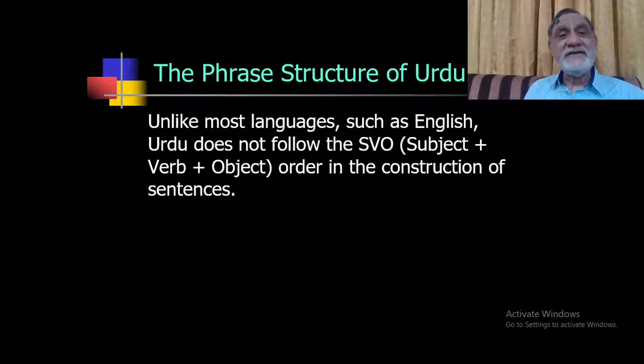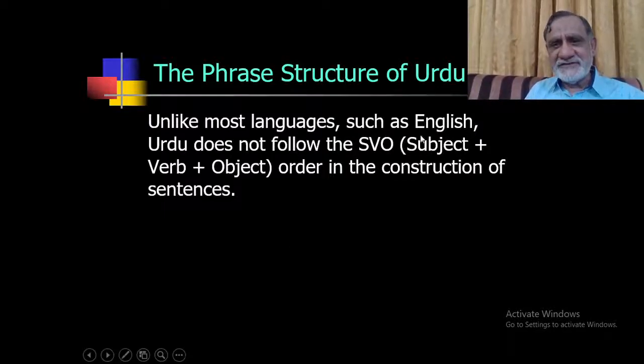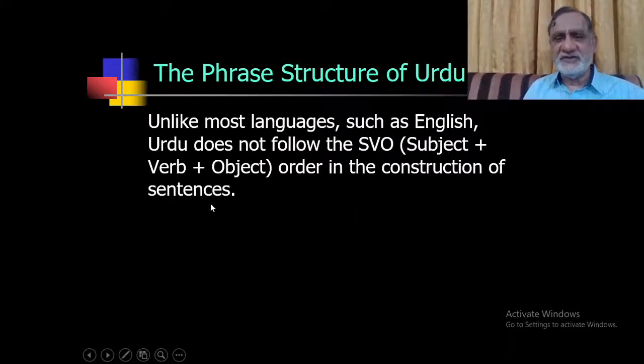Now let's see the phrase structure of the Urdu language. As I mentioned, unlike languages such as English, Urdu does not follow SVO order in the construction of sentences. I just demonstrated that the English language follows SVO structure, that is subject, verb, and object.